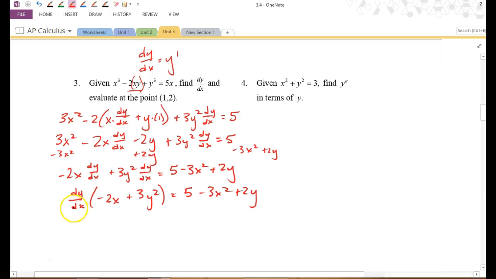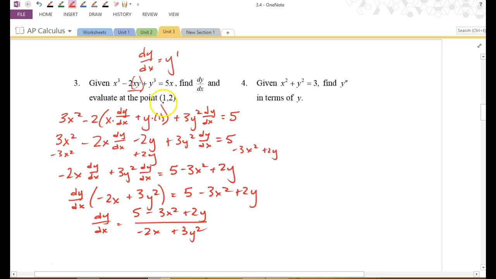Okay, and then our last step here is we need to get rid of this quantity, so since it's being multiplied, I'm going to divide by it. So I'm going to have dy dx is equal to 5 minus 3x squared plus 2y all over negative 2x plus 3y squared. Okay, so there is my derivative of the function.